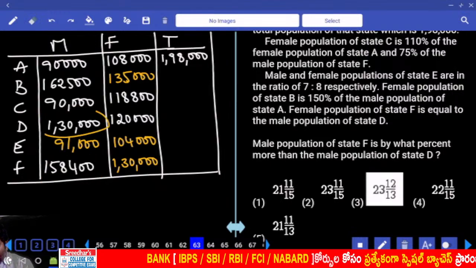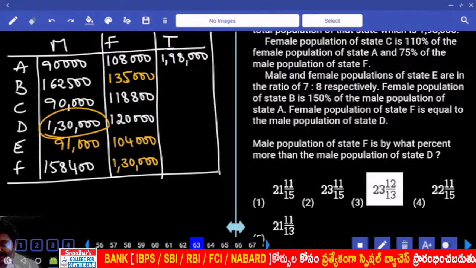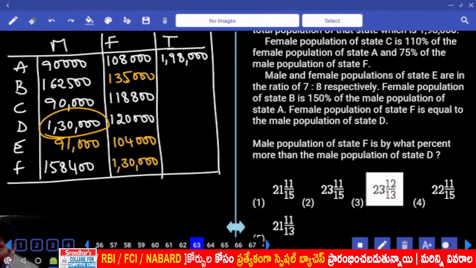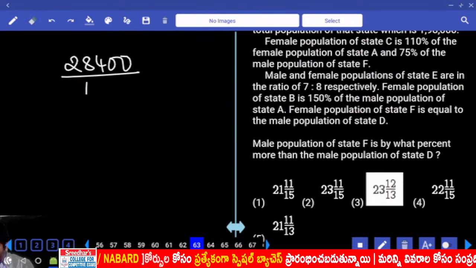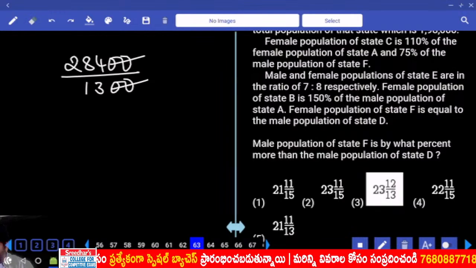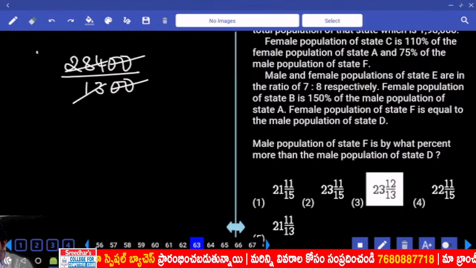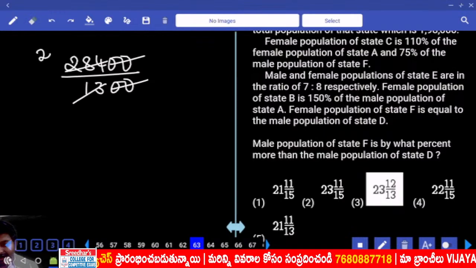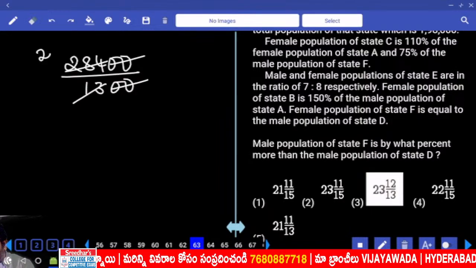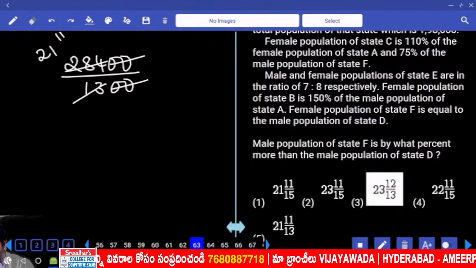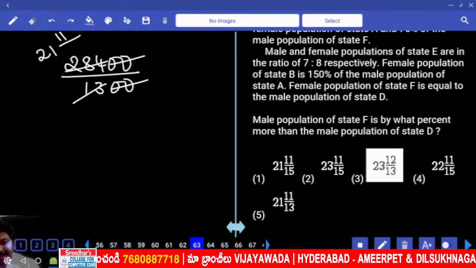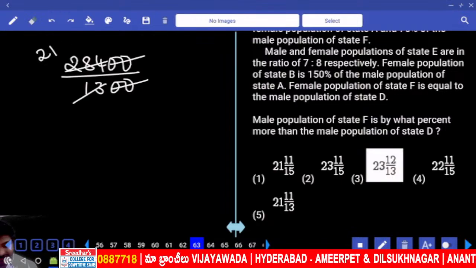Out of 1,30,000, what is 1% value? 1,300. Divided by 1,300 only. 2 zeros get cancelled. 13 2 times, done? No. 26, 24 once, 11 by 13. When 21 comes the answer is done actually.